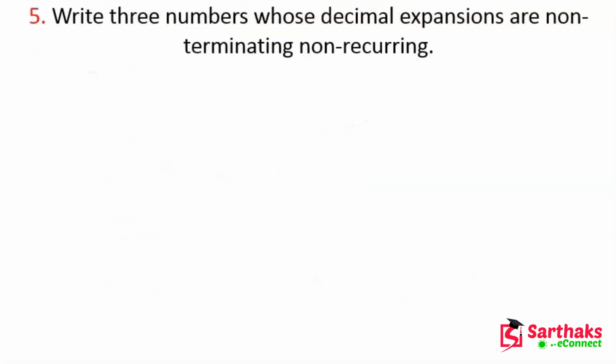So now let's move on to the next question, which is, write three numbers whose decimal expansions are non-terminating, non-recurring. We have to write three numbers which are non-terminating and non-repeating. First example is root 3.